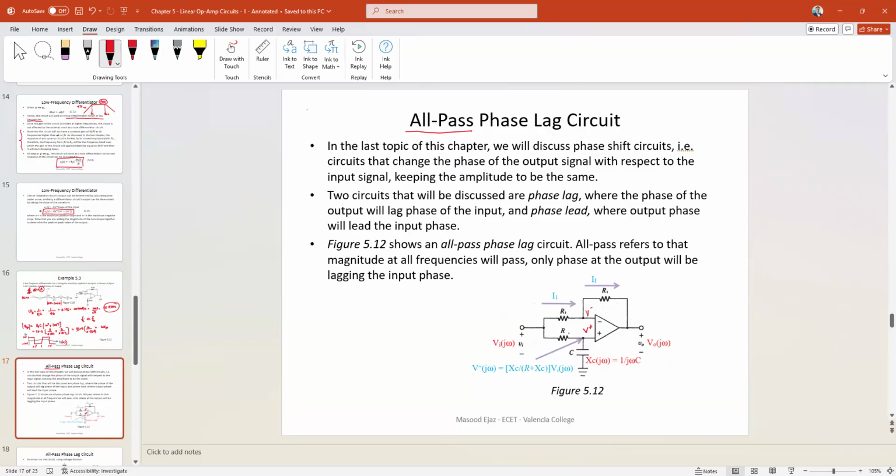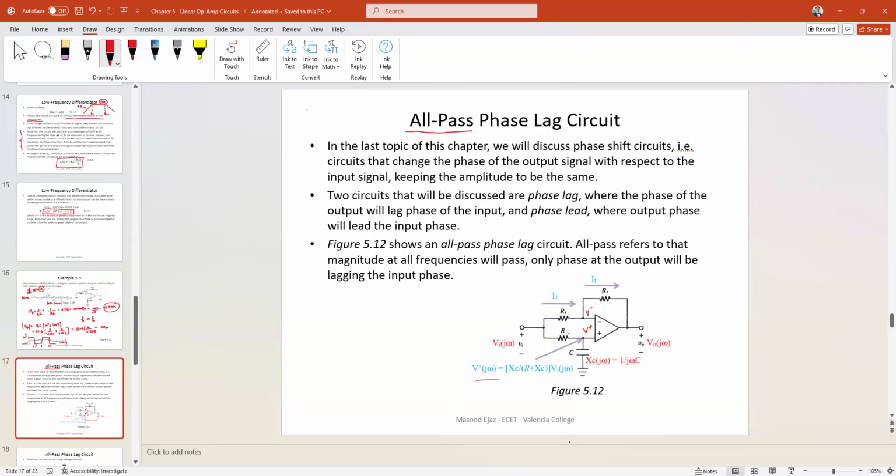As you can see by this arrow, I applied voltage division across the capacitor, and the voltage across the capacitor will simply be, using voltage division, XC over R plus XC times the input voltage, which is across R, the combination of R and C.